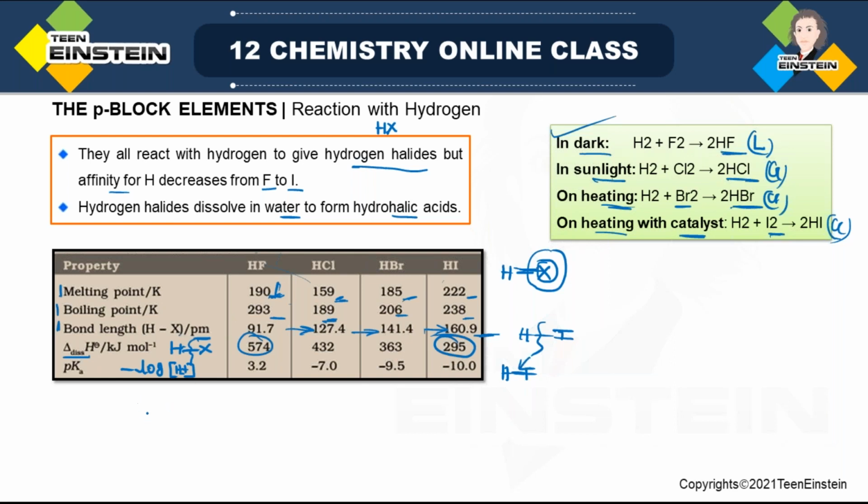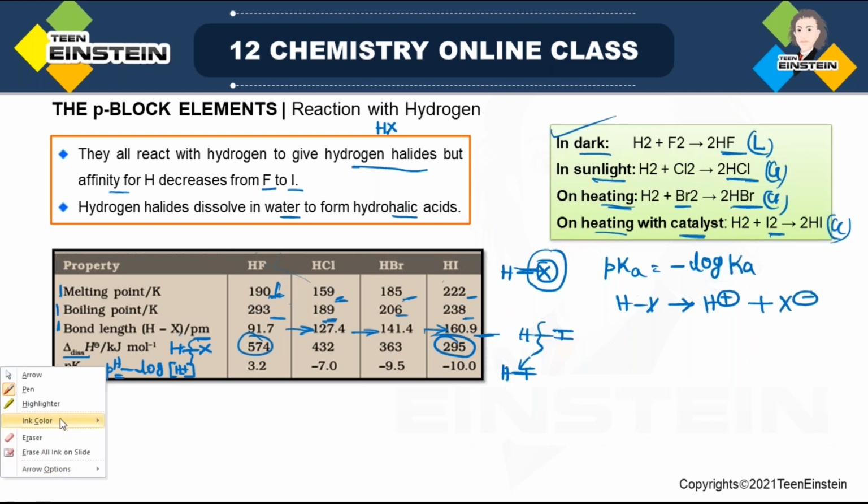And then pKa. Sorry, what I have written here is pH, that is the negative logarithm of H plus. But pKa is the negative logarithm of Ka. Now what is Ka? It is the dissociation constant of the acid. That means HX, if it is behaving as an acid, will dissociate like this. Now here X minus is the conjugate base.